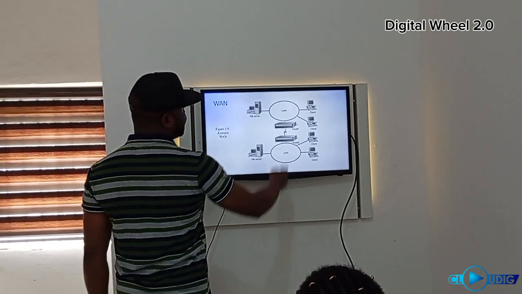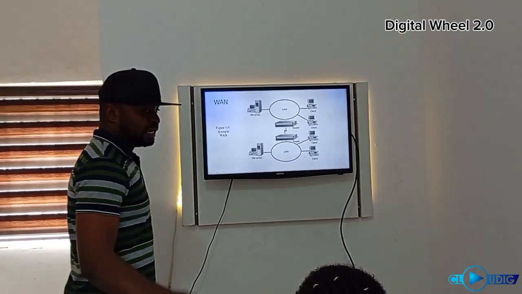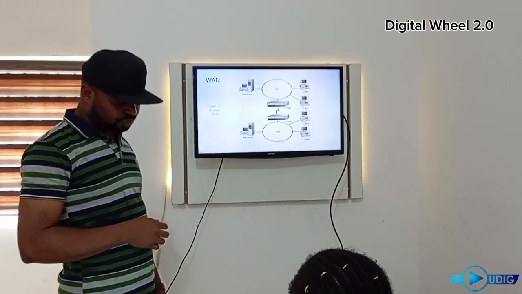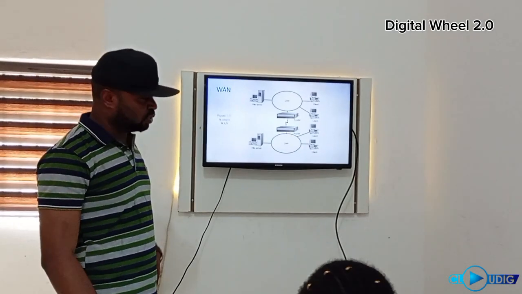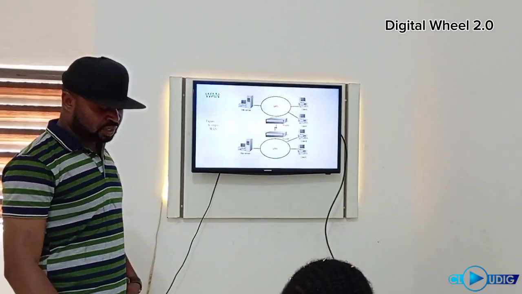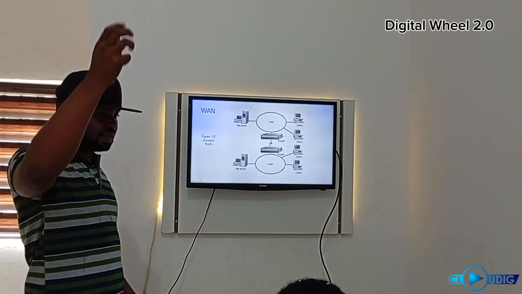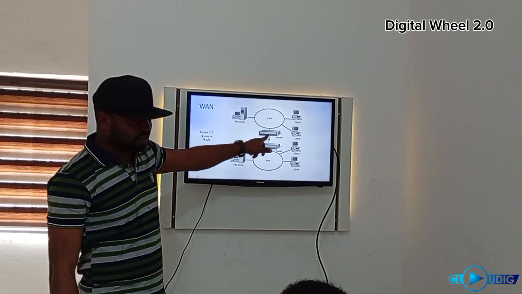So this is the router now. You can see how a router is used. If you go to where a network is installed, for example, the University of Abuja, you see a mast pole, and that mast pole has a cable that comes down and enters the router.